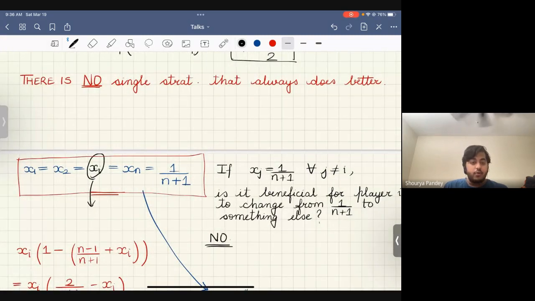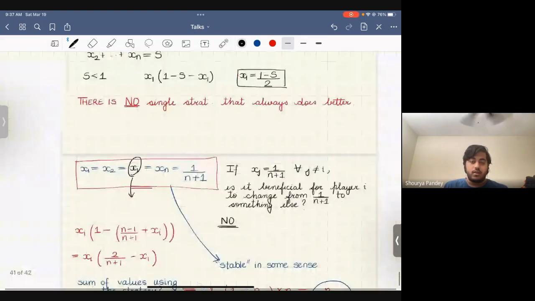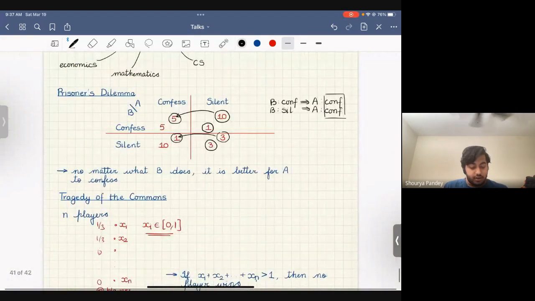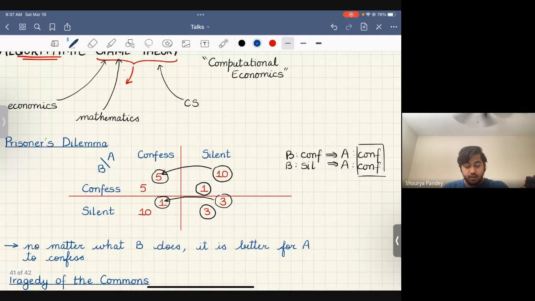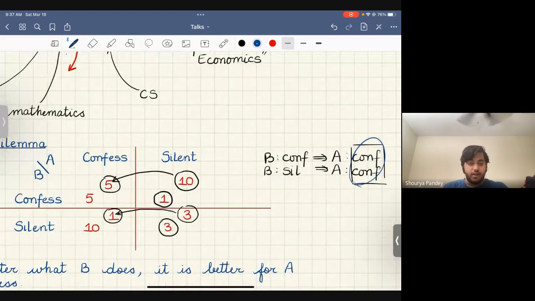Choosing xi equal to 1 over n plus 1 was the best response if all others are 1 over n plus 1. And similarly here, choosing confess is the best response if the other person confesses. In fact, here confess is the best response no matter what.